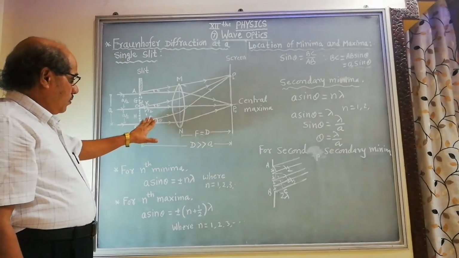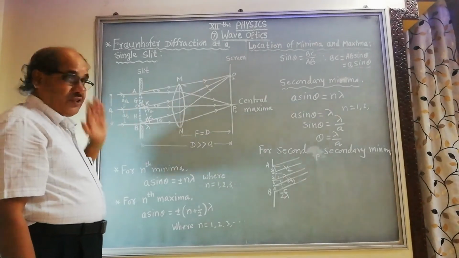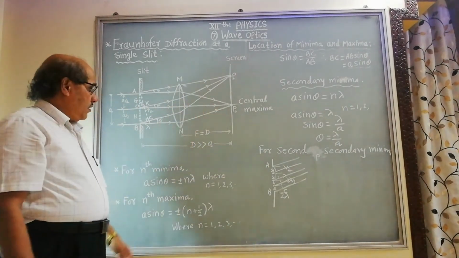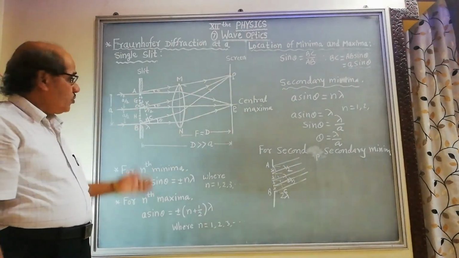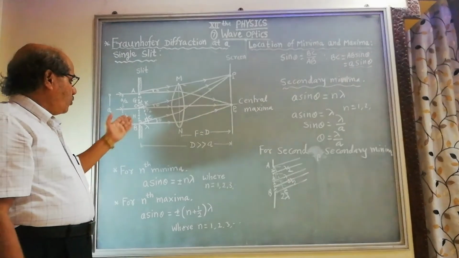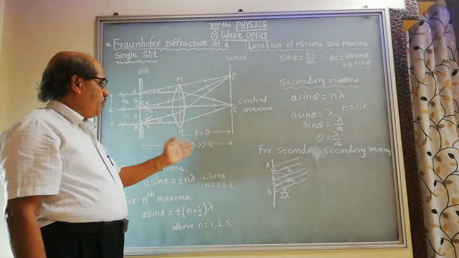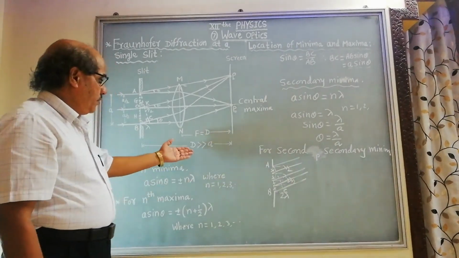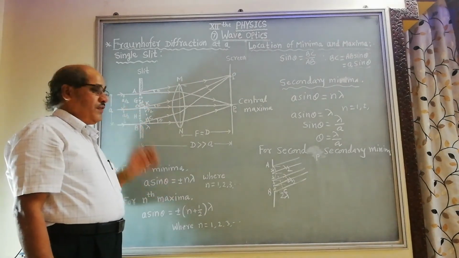So what we have seen here, this is the slit, this is the convex lens, this is the screen. The slit width is very small. It is of the order of 10 raised to minus 4 to 10 raised to minus 3 meter, and the distance between the slit and the screen is very much greater than this slit width.